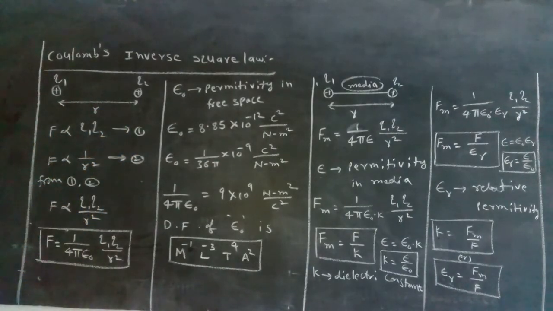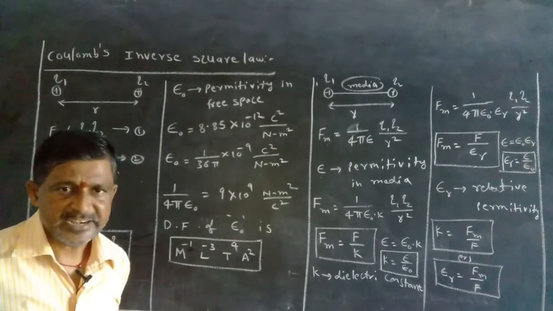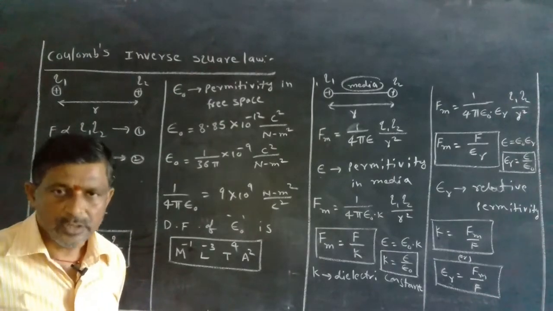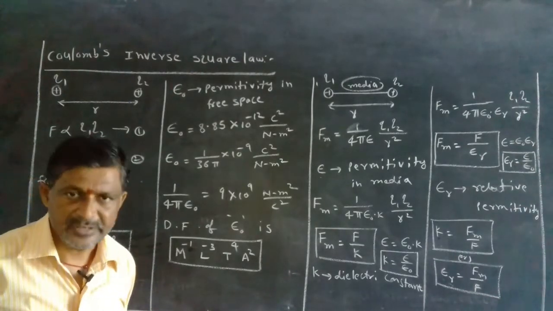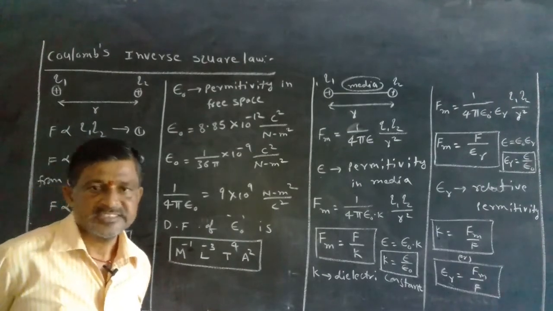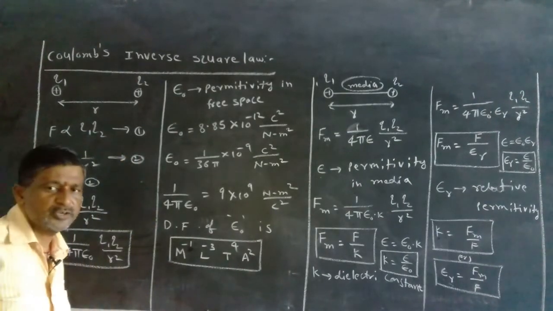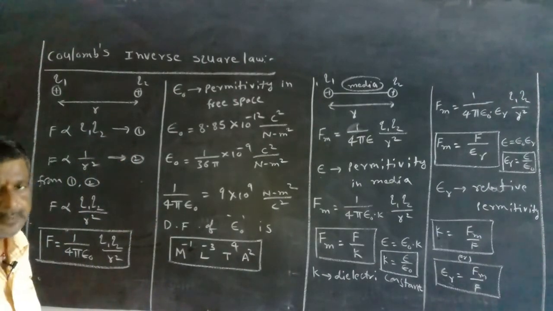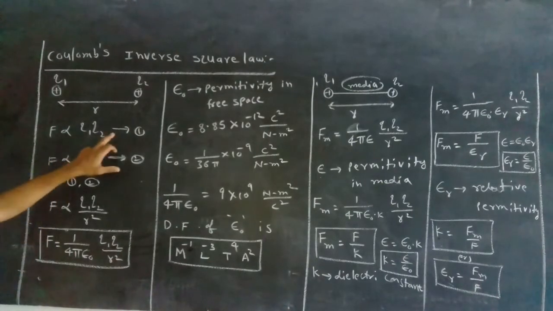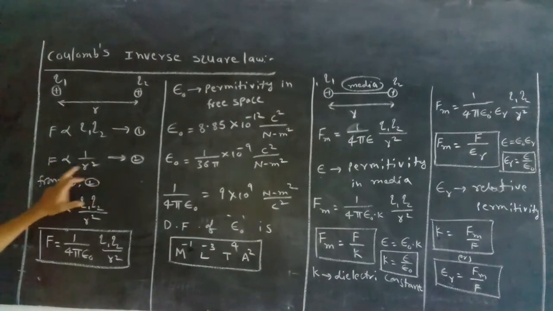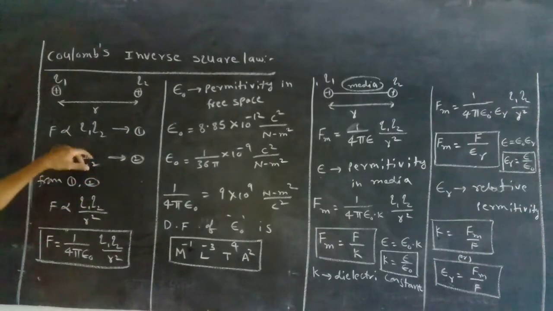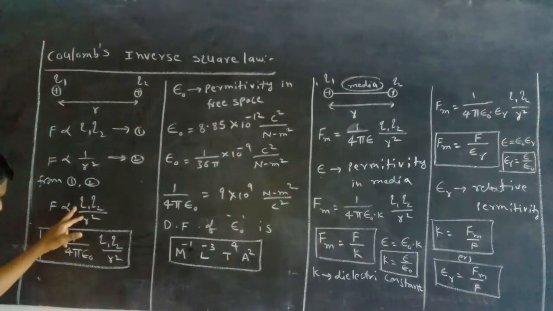First point: the force between the two charges is directly proportional to the product, otherwise the multiplication, of the two charges. The second one: it is inversely proportional to the square of the distance between them. From 1 and 2, we can write F proportional to Q1 Q2 by r square.